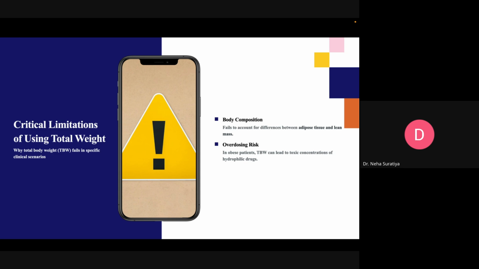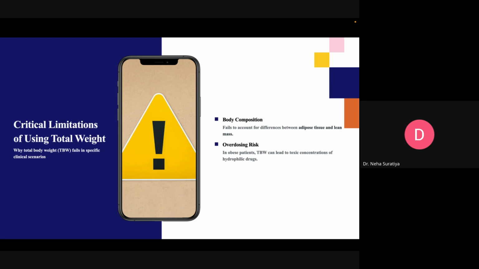Body weight fails to account for the difference between adipose tissue and lean mass. And some hydrophilic drugs, as I already told you, do not distribute into fat tissues. So in that scenario, overdosing risk can be there. Therefore, alternative weight concepts are also there.